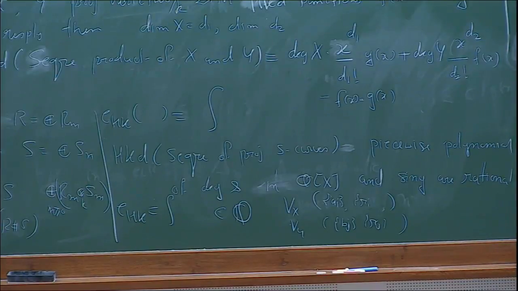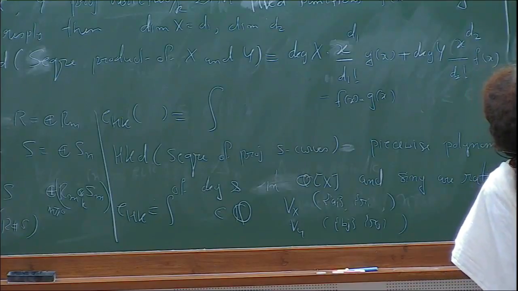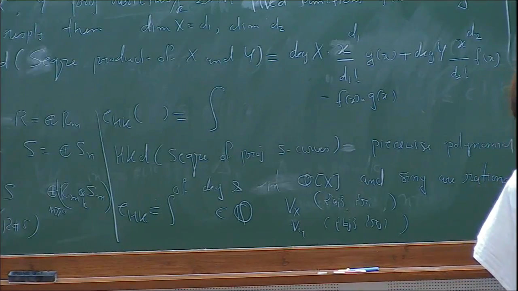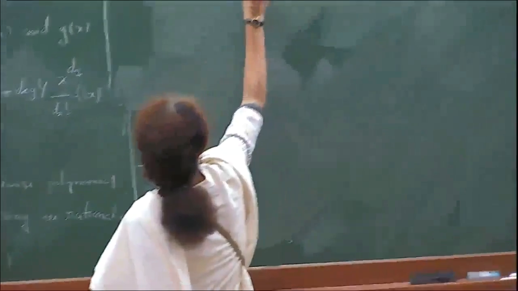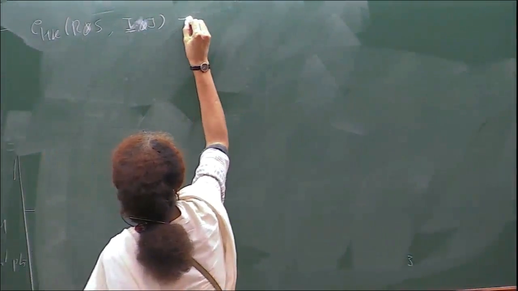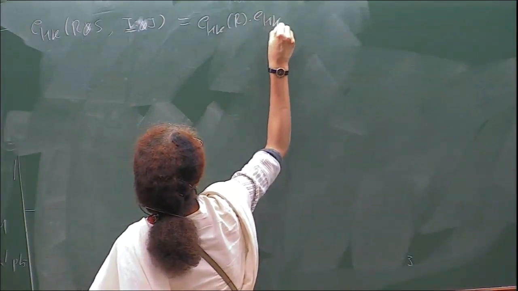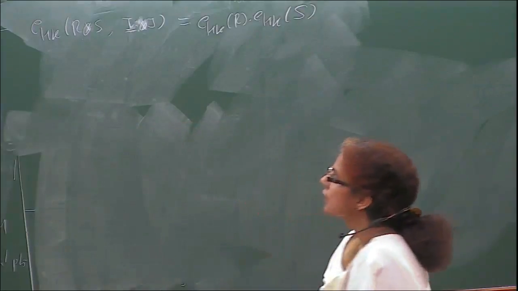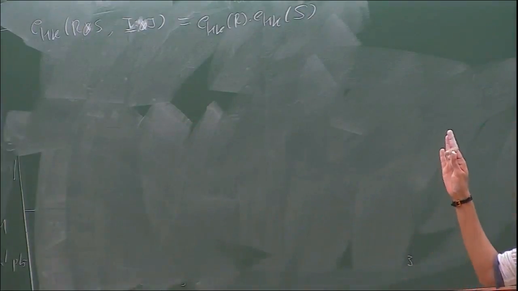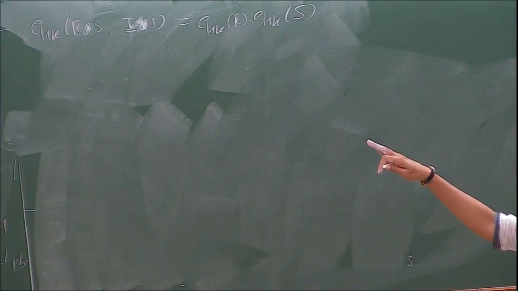So what about a tensor product? If I look at the tensor product of two rings, computing EHK of those rings is fairly easy. In fact, EHK of R tensor S with respect to the ideal I tensor J is EHK of R times EHK of S. So this has nothing to do with the HK density function.